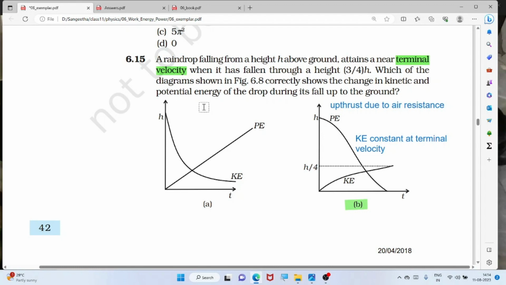See, potential energy decreases and kinetic energy increases till it reaches the terminal velocity. This terminal velocity is due to the air resistance. At terminal velocity kinetic energy will be constant, so when it reaches the terminal velocity, kinetic energy will be constant here. So this is the curve.